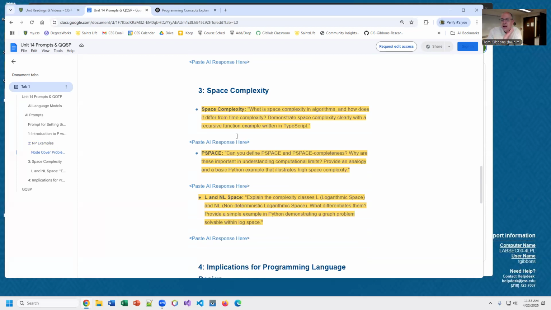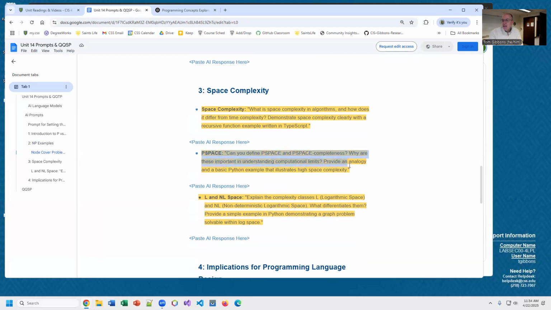We don't get much time to do space complexity here, but you can talk about what space complexity is and how space is different. That's just how much memory it would take. And we have polynomial space, PSPACE.